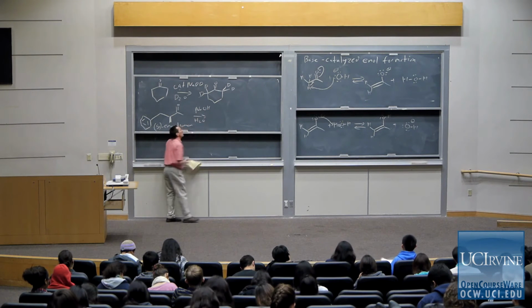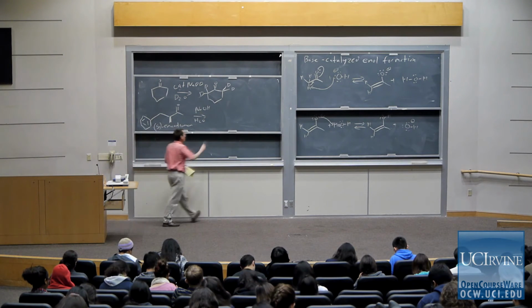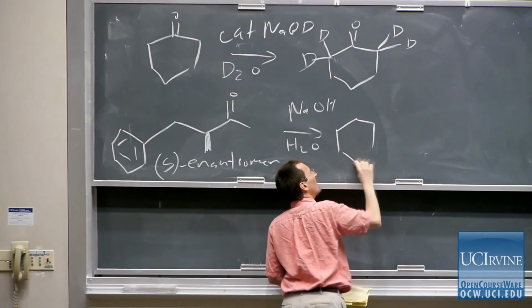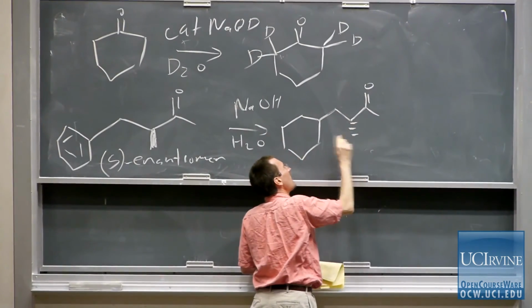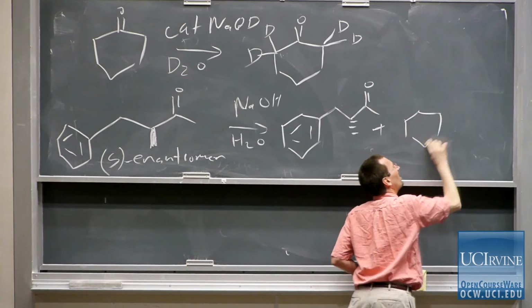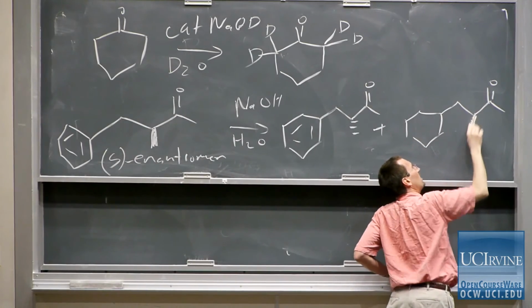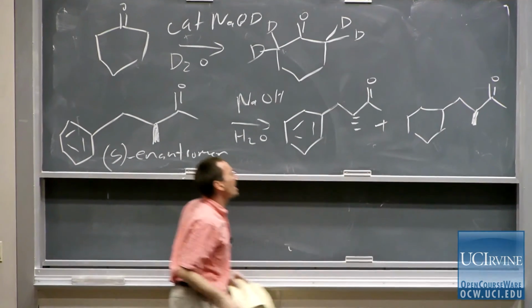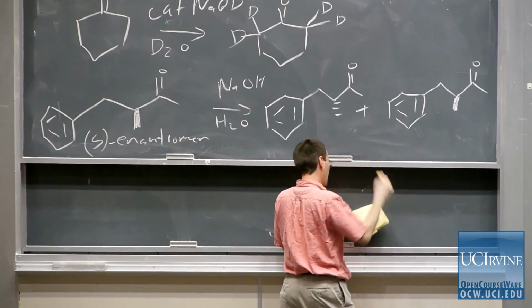Then what will happen is I'll lose my enantiomeric purity. I will get a mixture of the two enantiomers. I will get the racemate. I will get an equal mixture of the R and the S.